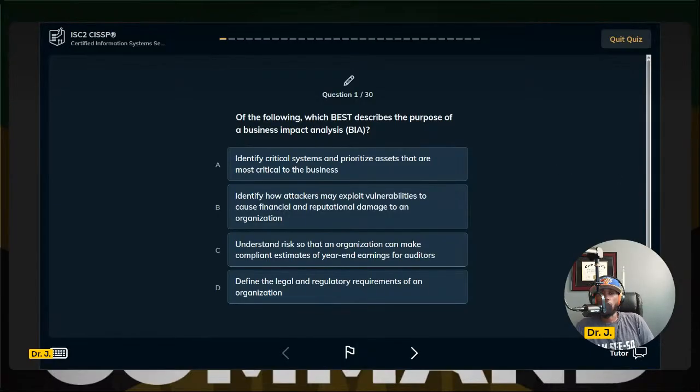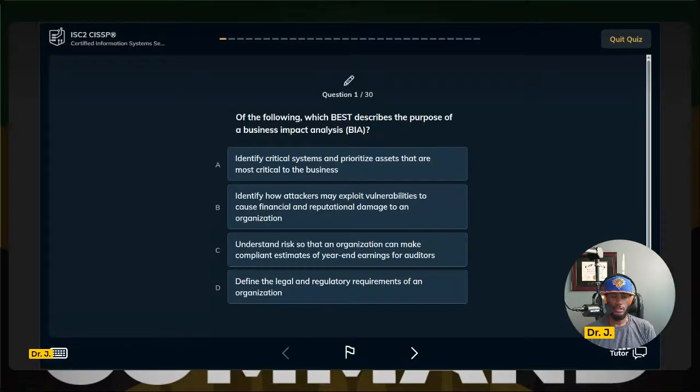All right. Question one. Of the following, which best describes the purpose of a business impact analysis? So we're looking at Alpha, identify critical systems and prioritize assets that are most critical to the business. Identify how attackers exploit vulnerabilities.